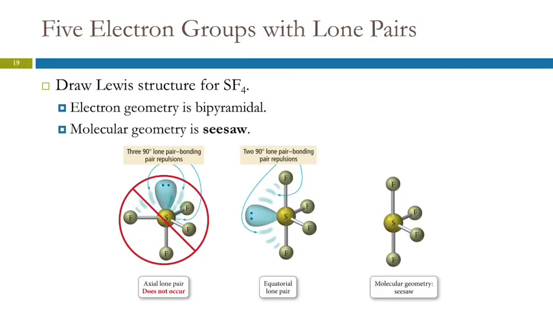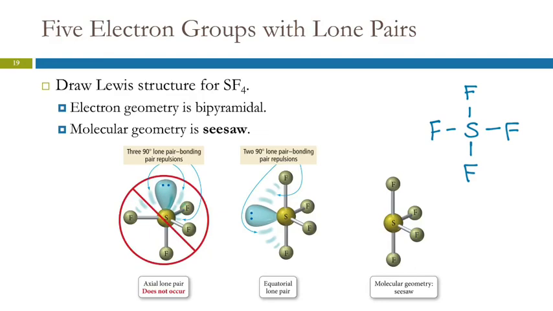Well, what if we have 5 electron groups and we've got some lone pairs? So let's look at the Lewis structure for SF4. So sulfur, and there's fluorine. We've got 4 times 7 is 28 plus 6 is 34, right?